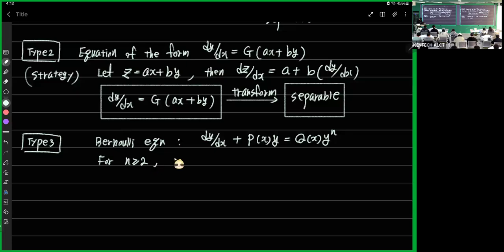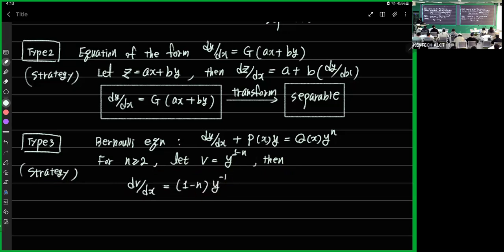What are you going to do? We use the strategy of substitution. Let v equal y to the 1 minus n power. Then dv/dx is 1 minus n times y to the minus n power times dy/dx.